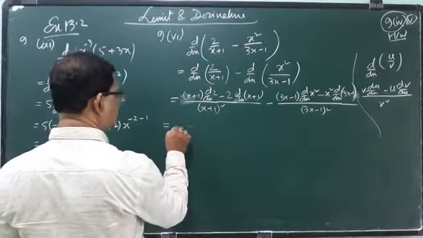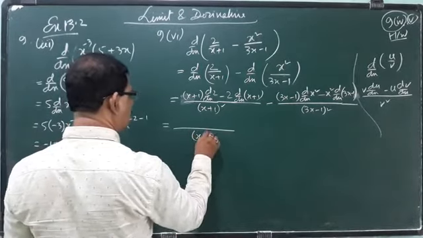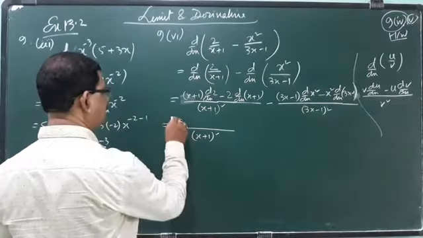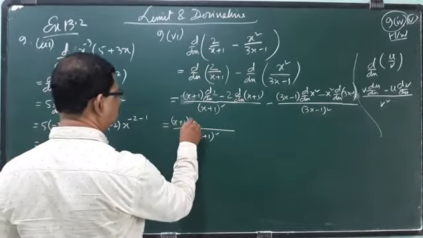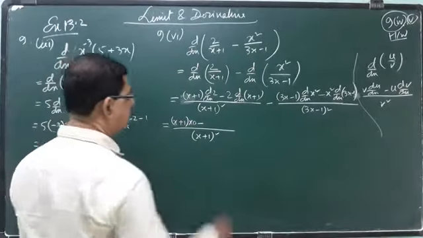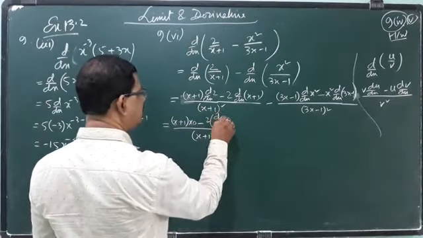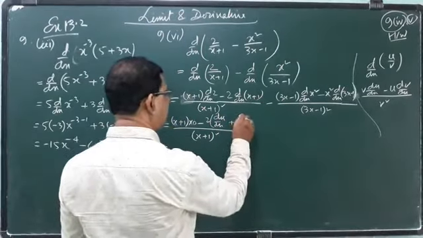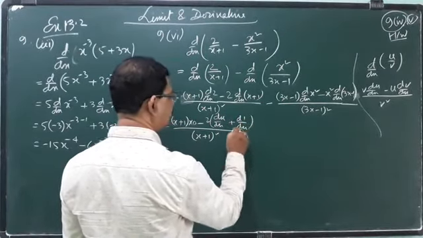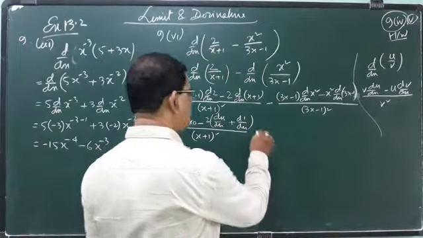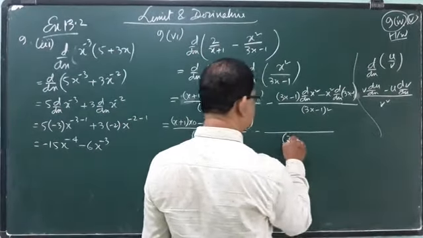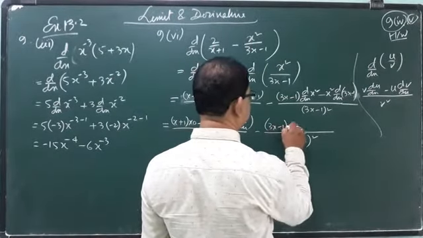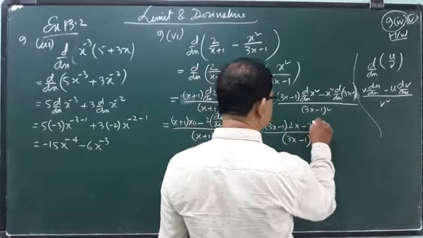Now x plus 1 whole square, differentiation of a constant is 0, minus 2 d/dx, if d/dx goes inside this one, d1/dx, minus 3x minus 1 whole square, 3x minus 1 twice x square.